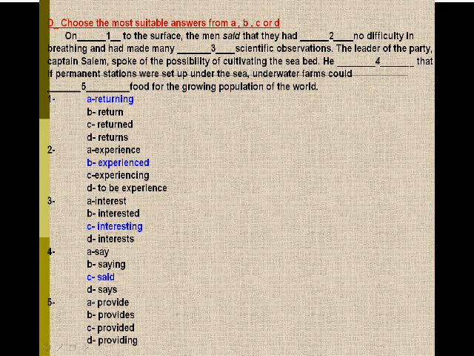So here, number 5: A, provide, B, provides, C, provided, and D, providing. So of course, the underwater farms could, excellent, provide food for the growing population of the world.